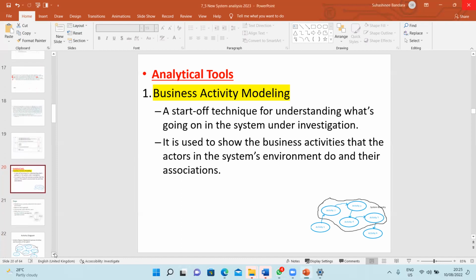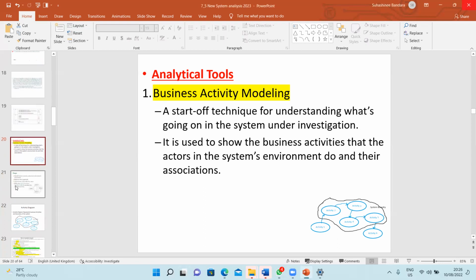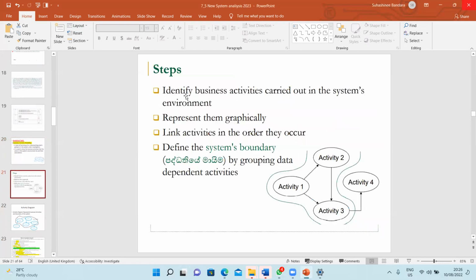So when we draw the business activity diagram, we should consider these steps. Identify the business activities carried out in a system environment: what are the activities going on? Then represent them graphically. Normally, we write the activity and make it an oval shape. Link activities in the order they occur, so according to the order we put the arrows and the activity number.